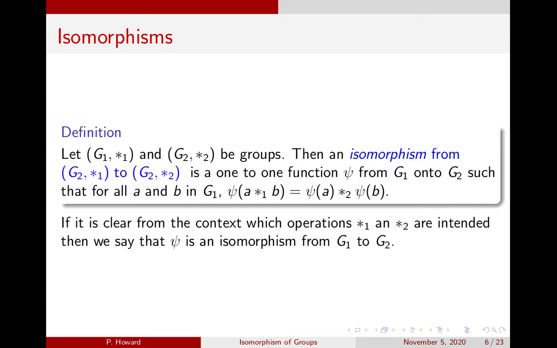If it's clear from the context which operations are intended, then we will simply say psi is an isomorphism from G1 to G2. Not so much on the slides or the videos, but in the book, the author is pretty consistent about not mentioning the operations.